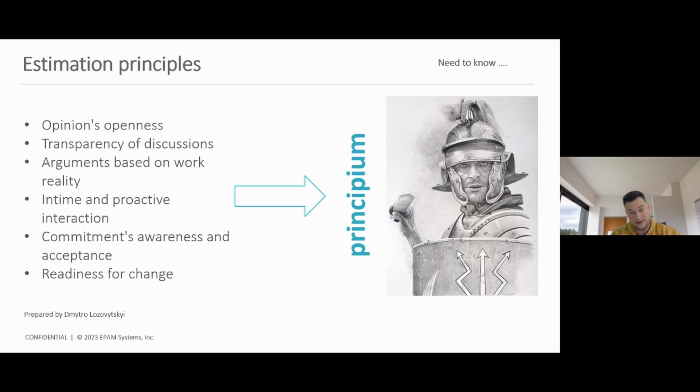So you provide the commitment, and if something goes wrong based on your incorrect estimation, you will have trouble in the close future. So please be responsible and make this acceptance based on your involvement, your deep understanding of things, and readiness for change.